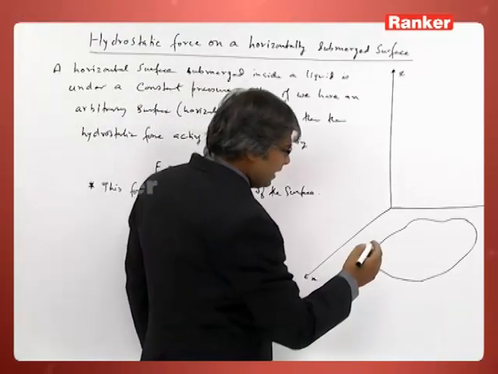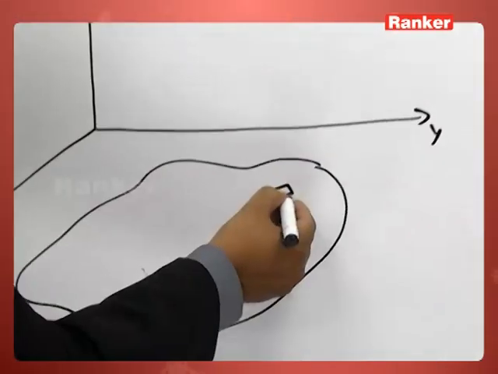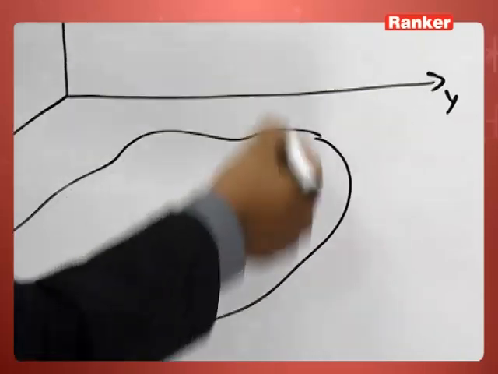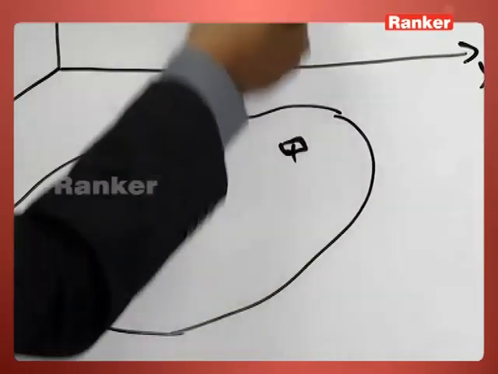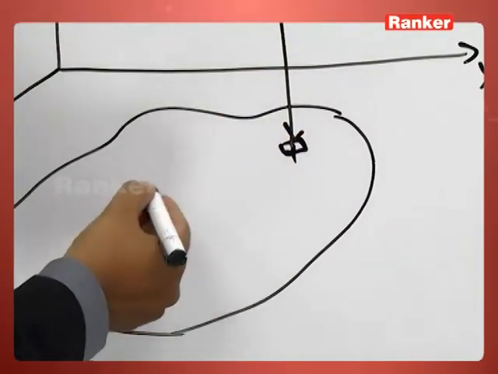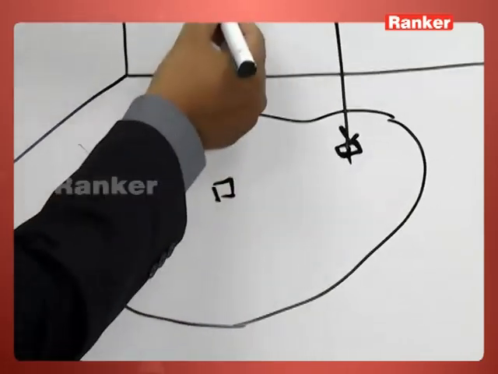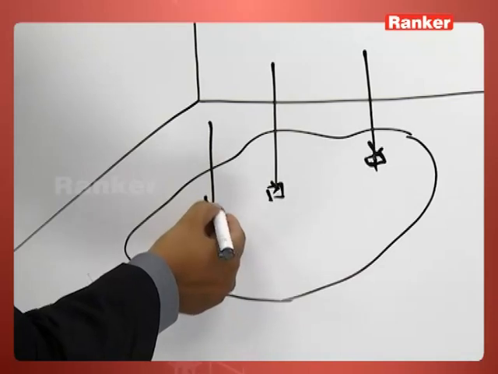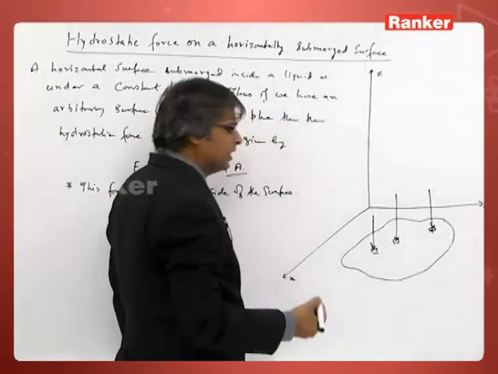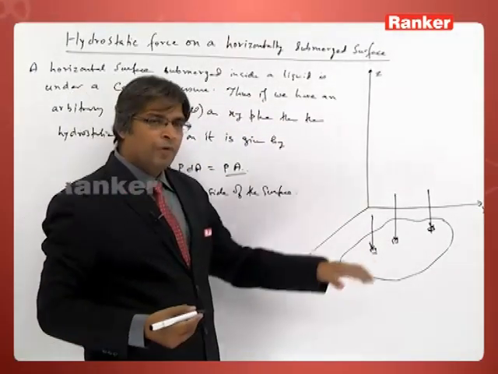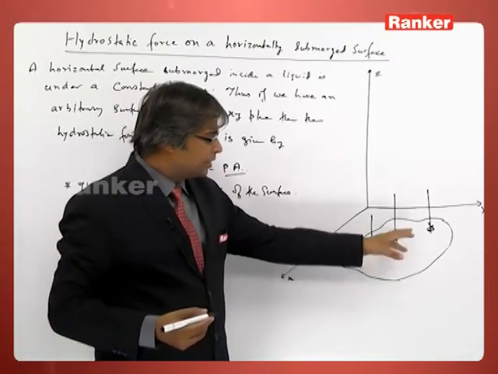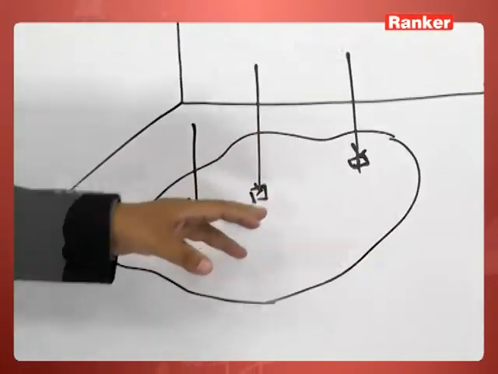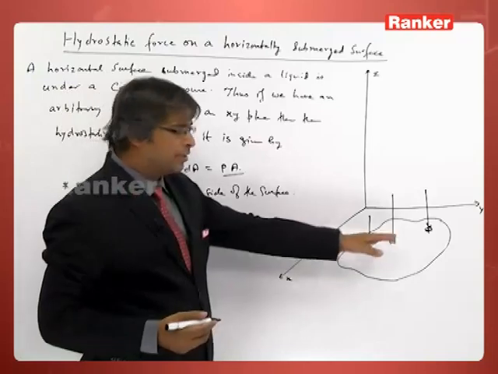If I take a small element here, then the pressure due to this hydrostatic force is here. If I have an element everywhere, the force is here. So if I want to know the line of action of this force, then we will take some moments.